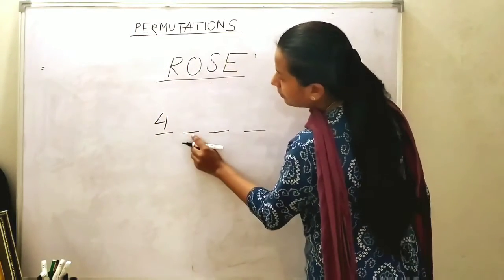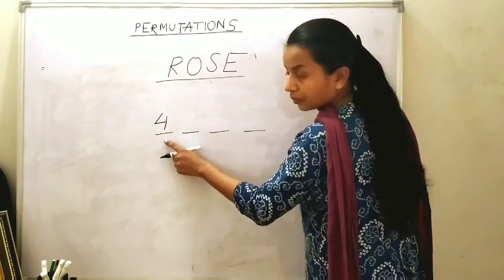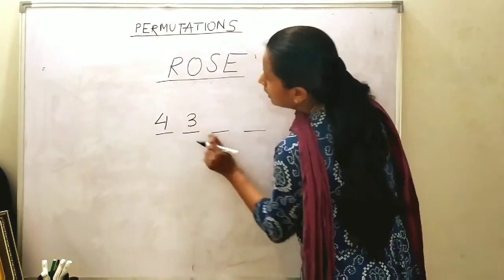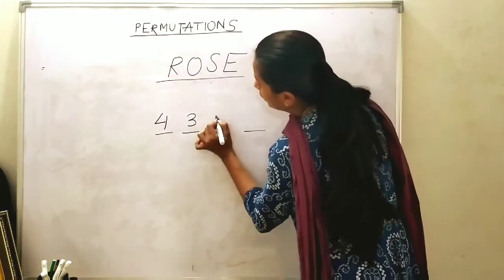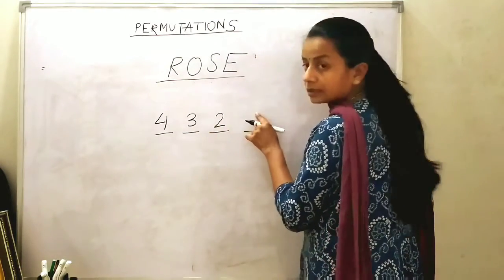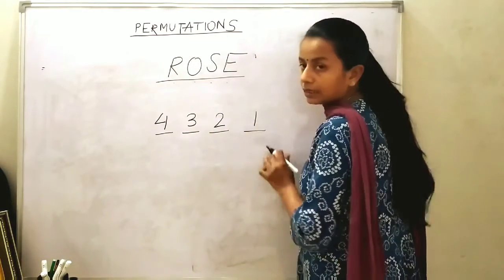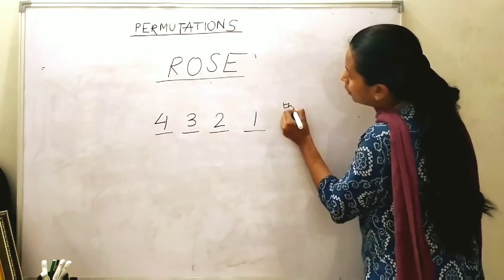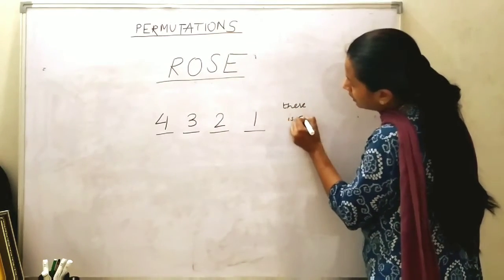For the second place, one letter is used for the first place, so the second is left with 3, the third is left with 2, and the last is left with 1 letter, because there is no repetition.